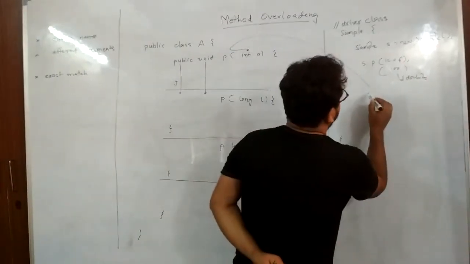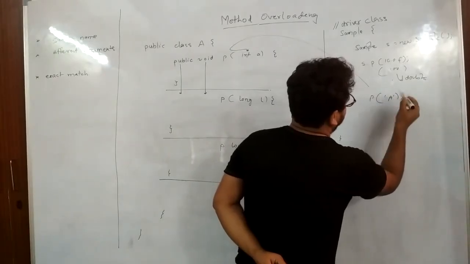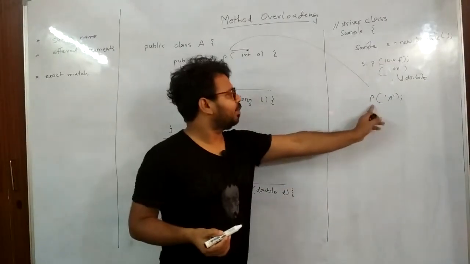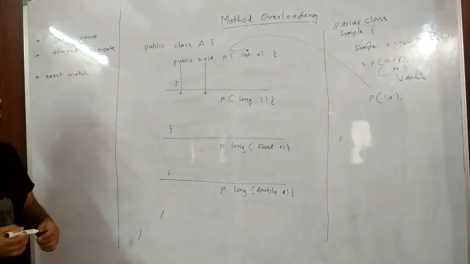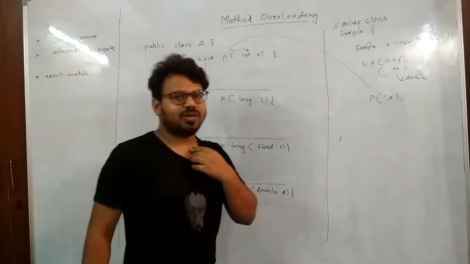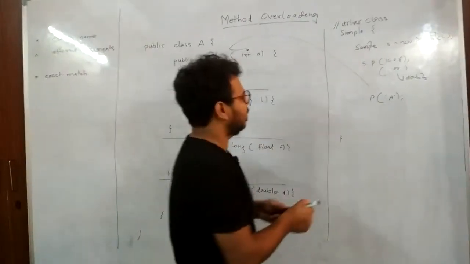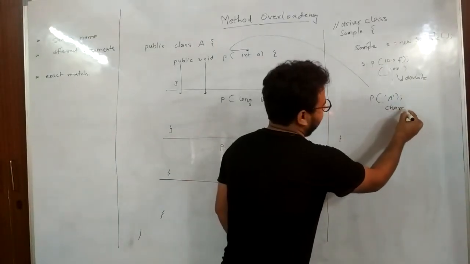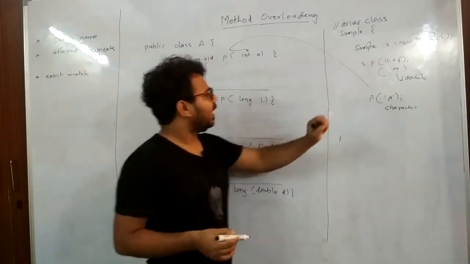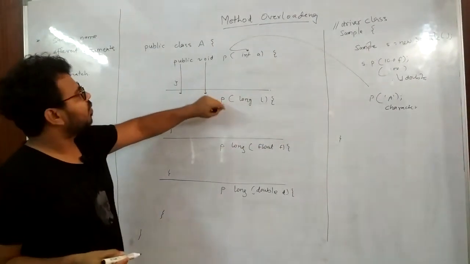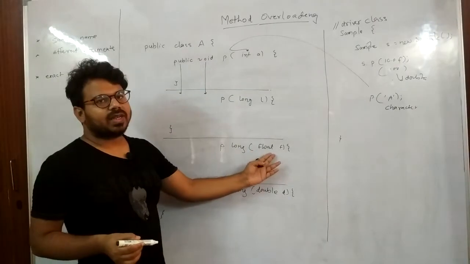Now let us consider an interesting scenario here. If I pass this character a, then what will happen? So friends, we are passing a character value, and the compiler will look for an overloaded method with the argument taking a character.